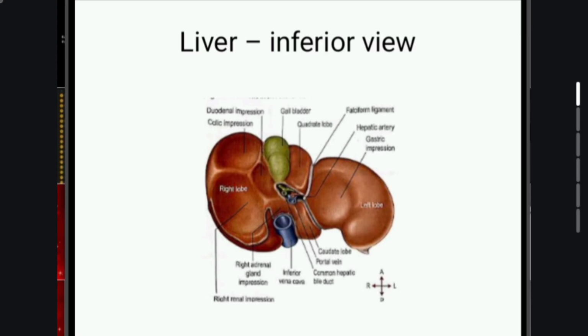Remember the adrenal gland is the suprarenal gland, a gland found just above the kidneys. So we have the right suprarenal gland or right adrenal gland, and it also comes in contact posteriorly with the liver. You can see that small impression that it forms where it comes in contact with the liver.